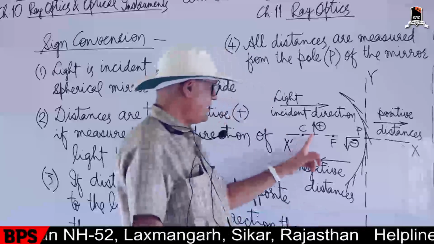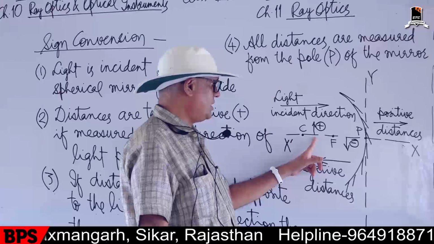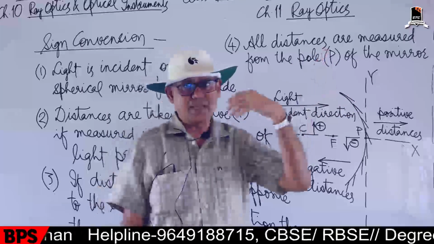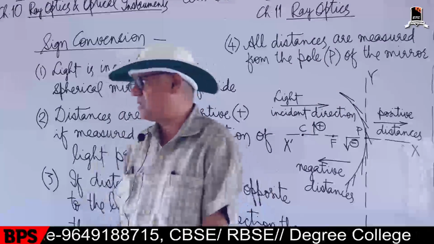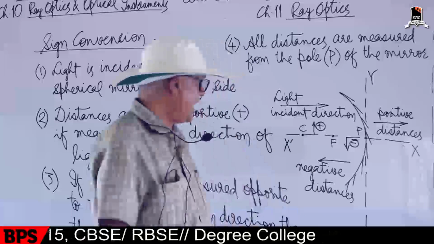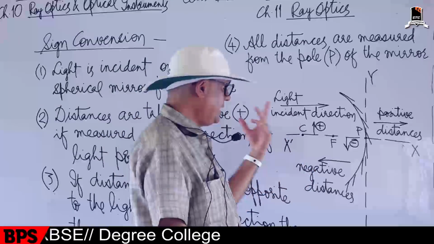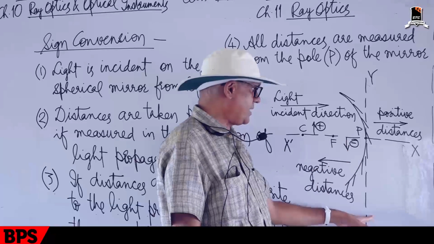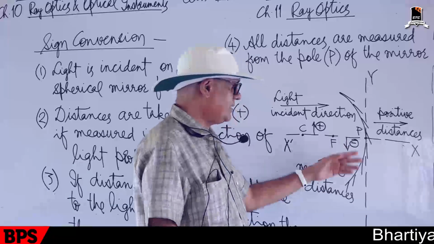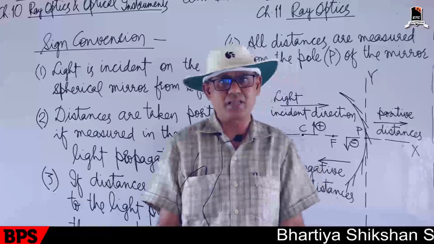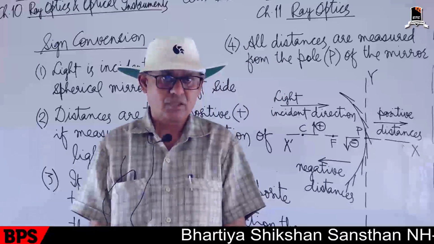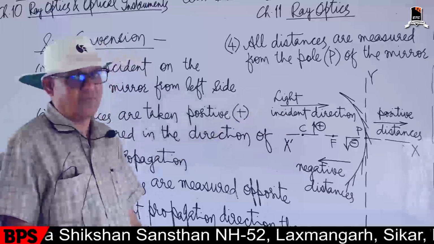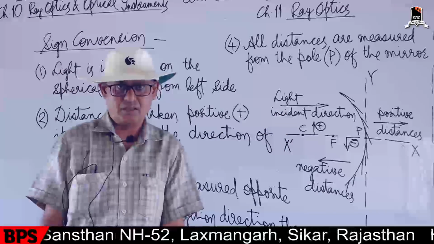If you measure any distance towards the positive y-axis direction, then that distance is taken as positive. And if you measure any distance towards the negative y-axis direction, then that distance is taken as negative.